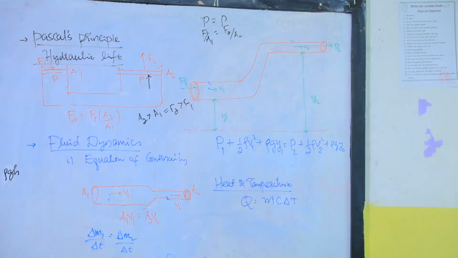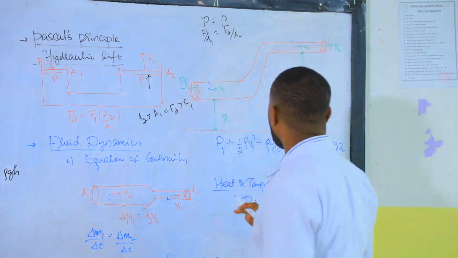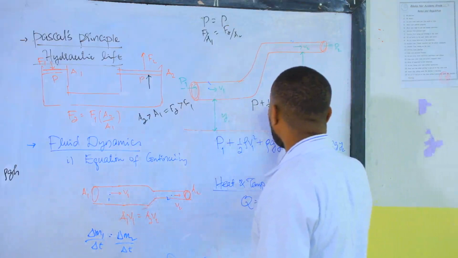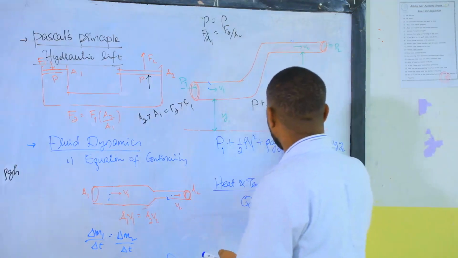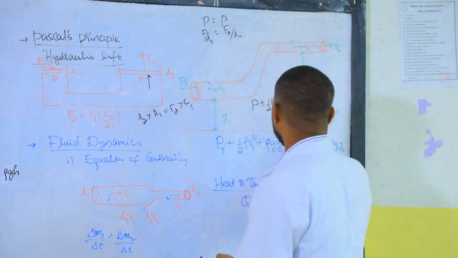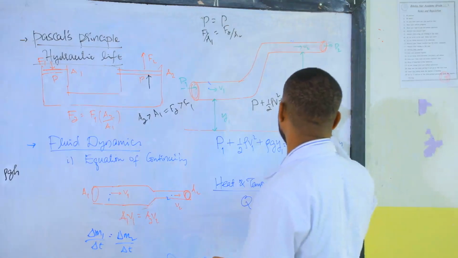So generally, from the law of conservation of energy, the total energy in this pipe at any point is constant. That is the pressure plus half times rho V squared, which is due to the kinetic energy of the fluid, plus rho g y, the gravitational potential energy, is always constant, okay?